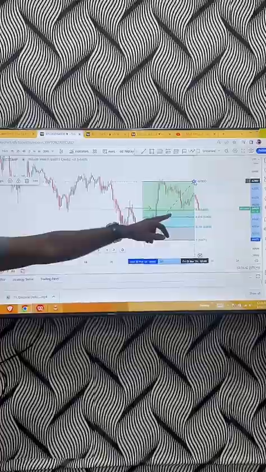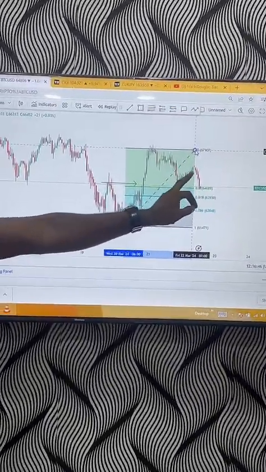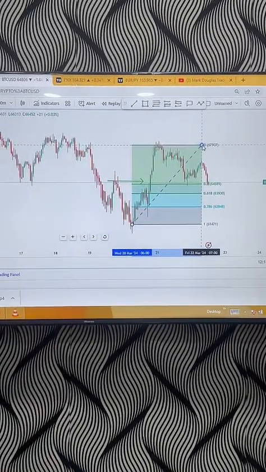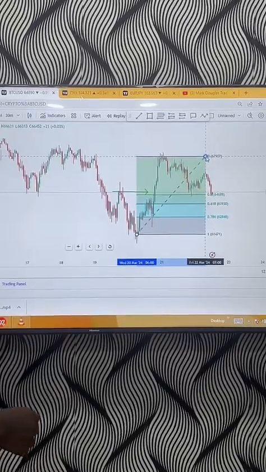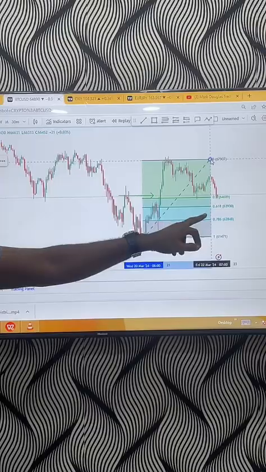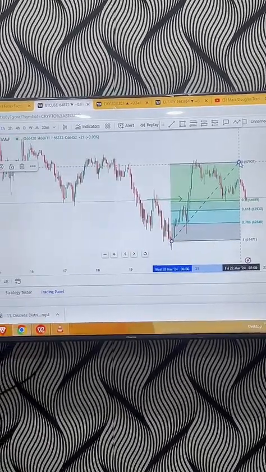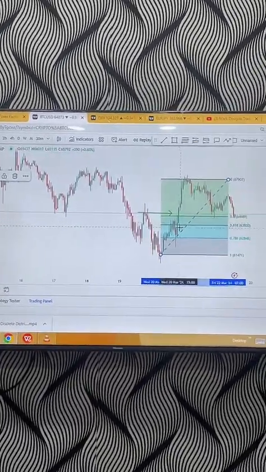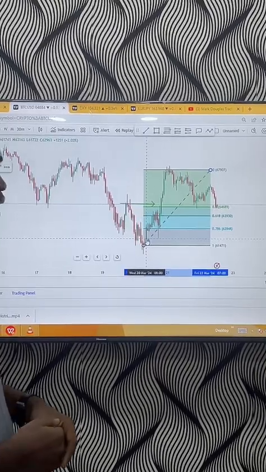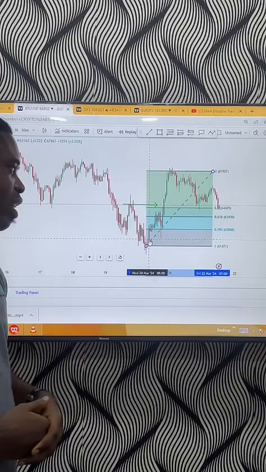If you can see, when price got to this 50%, it rejected. That means that place is effective. Now, you can never tell. You can see price retraced back to this point before buying upward. Why? Because we have an imbalance here. So you cannot know everything in one series. For those that don't know what imbalance is, I know some people here don't know.